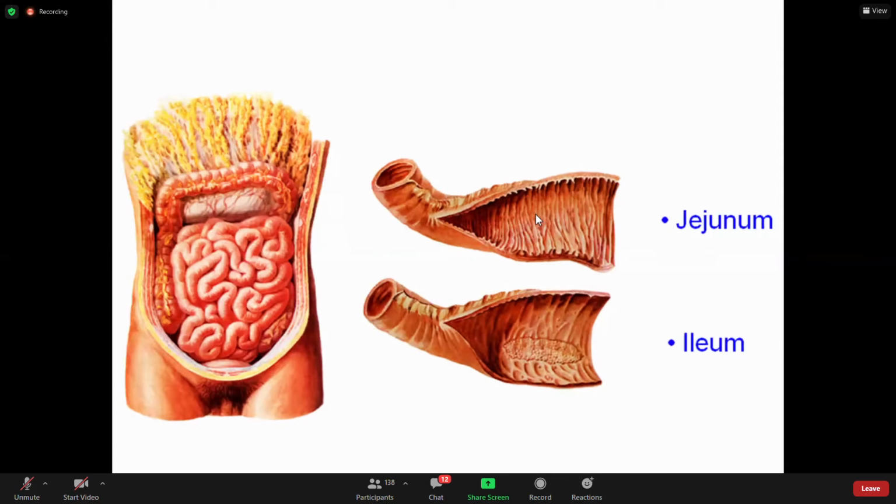Next is the next difference, which you may not be able to see in this picture, but that is again a histological difference. In case of your ileum, you will have the accumulation of lymphoid tissue, which is the Peyer's patches, present in the submucosal area.